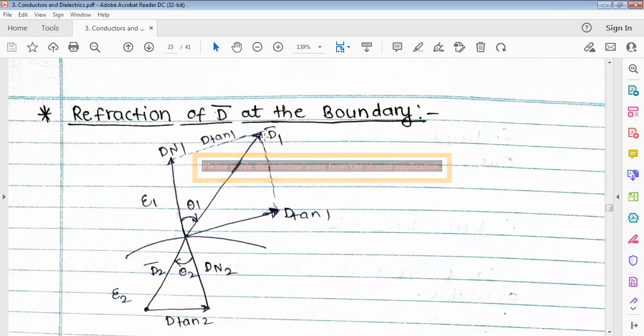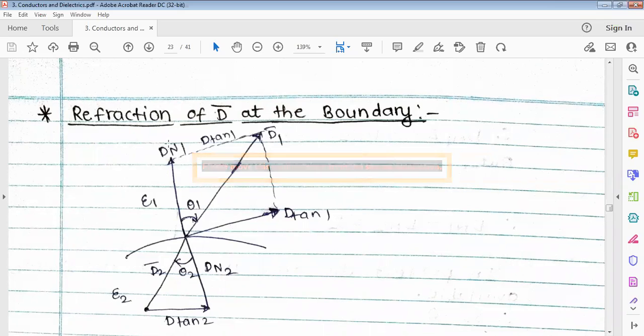Now this is D1 in region 1, and this is D2 in region 2. Okay, so these perpendicular components to the boundary are nothing but your normal components, and these are the tangential components. So from this D bar, we are getting this normal component and tangential component.